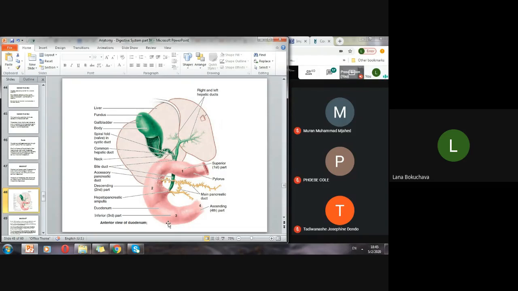Also, it is dependent on the point of merging of the common hepatic duct and the cystic duct. Because if it is very much at the beginning of the common hepatic duct, then it's clear that it will be longer. Yes, the bile duct, sure, here should be longer. So if the merging is more lower or inferior localized, in this case, we will have a much shorter type of bile duct itself.